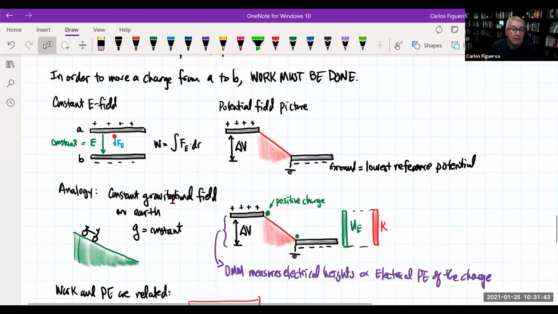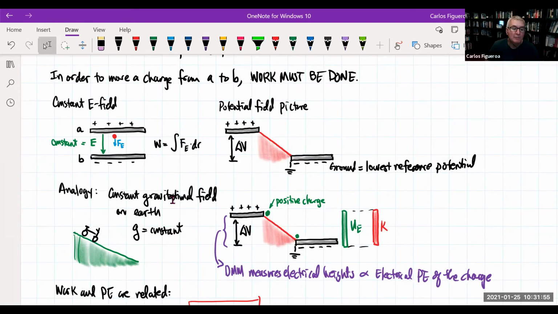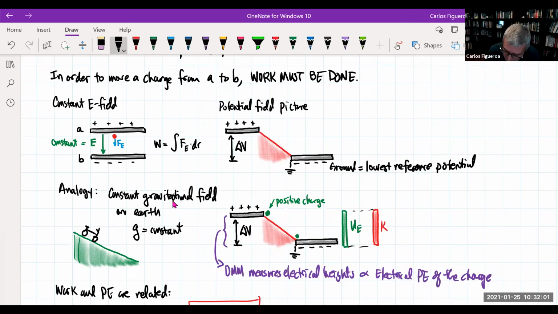When you think about your car battery, which one's the high? The red terminal is the high, that's the 12 volts.